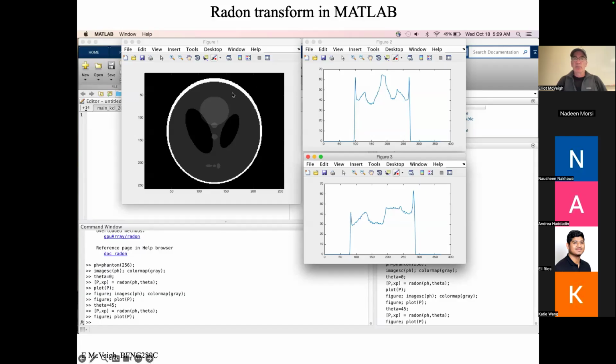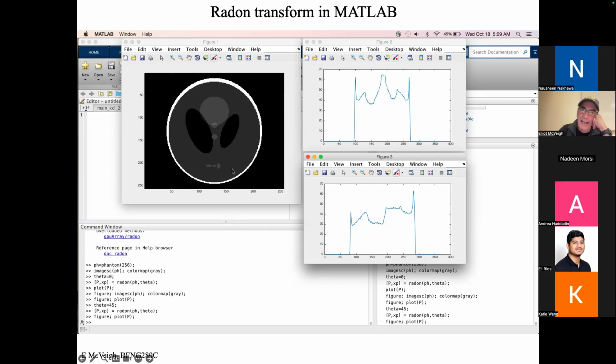You can replace those little dots with something that looks like this. This is a famous phantom used in CT and medical imaging. It basically is just a set of ellipses overlapping, but how that gets reconstructed can be used to demonstrate different things in CT.